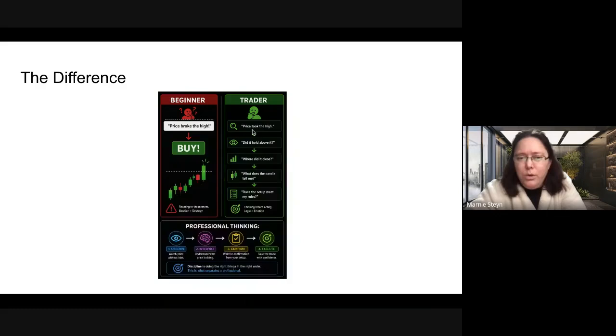So here are the questions. Price took the high. Did it hold above it? Where did it close? What does the candle tell me? And does the setup meet my rules? And then think before acting. Logic over emotion. Okay, so the professional thinking is with CRTs, you must observe, interpret, confirm, and then execute.